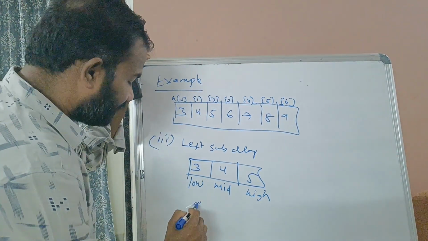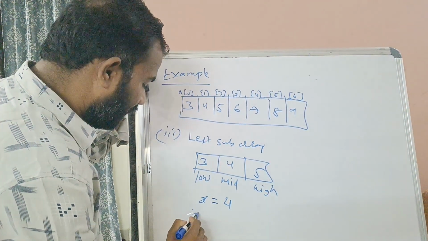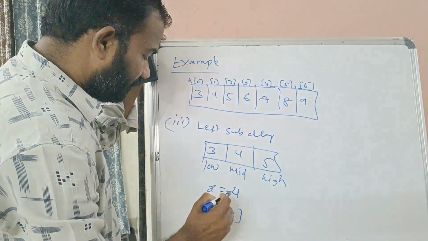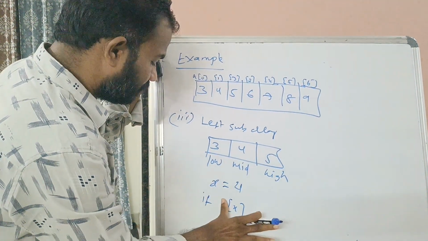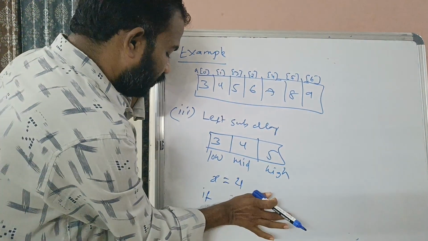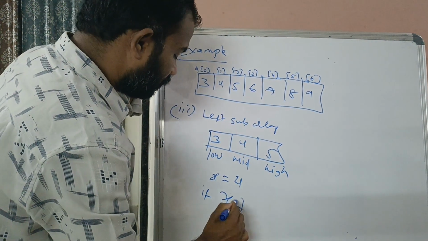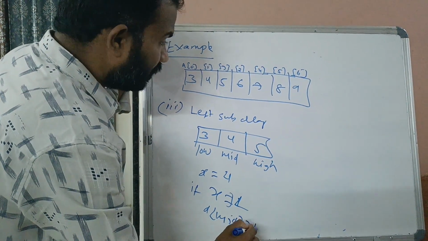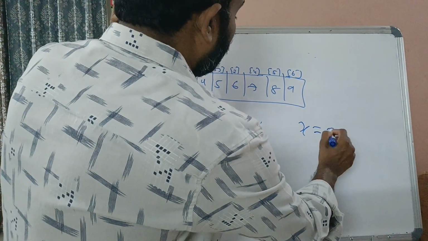Now what is x? x is still 4, and a of mid is equal to 4. So x is equal to a of mid.